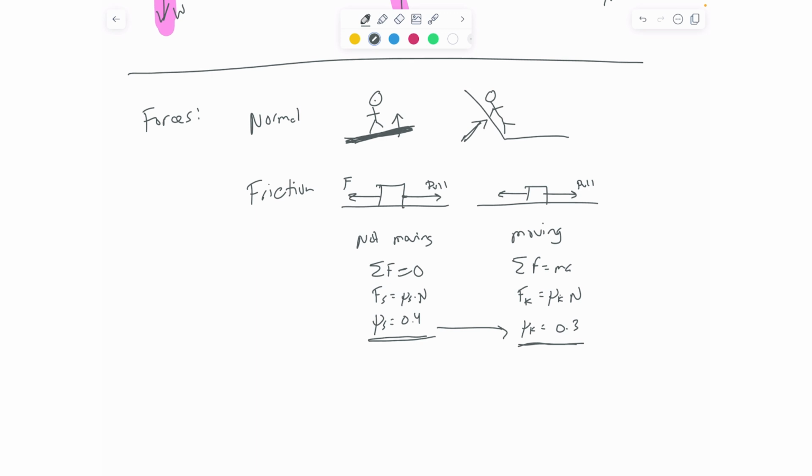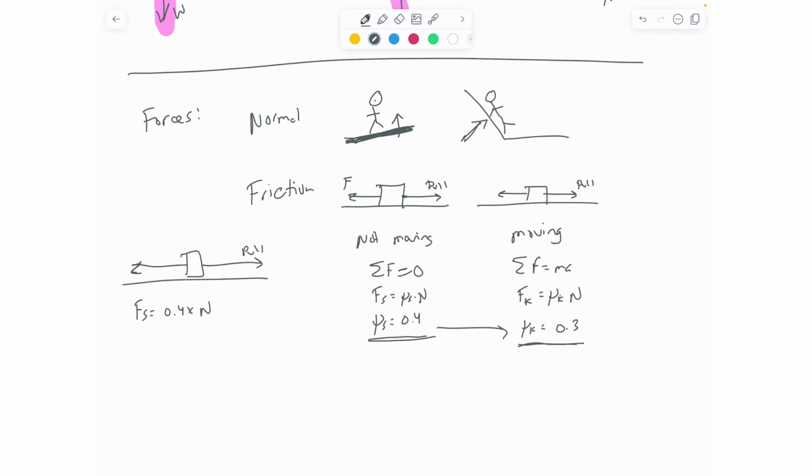So one interesting thing about static friction is that it's a maximum value. Meaning, let's say I have a box here, okay, and let's say someone's pulling it, and my static coefficient of friction is like 0 point something, whatever, and then you say Fs is equal to that times your normal force.